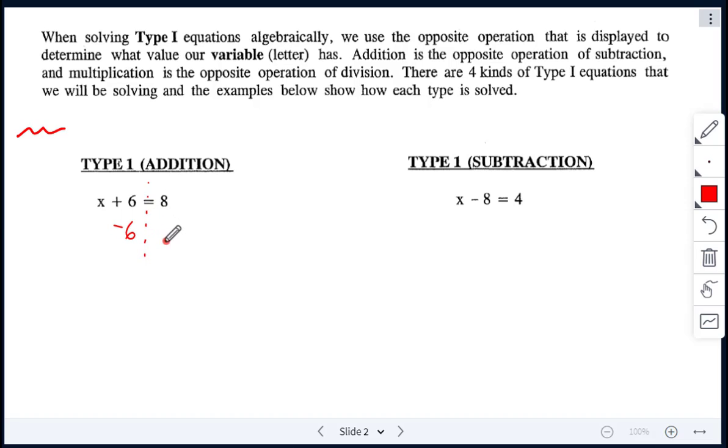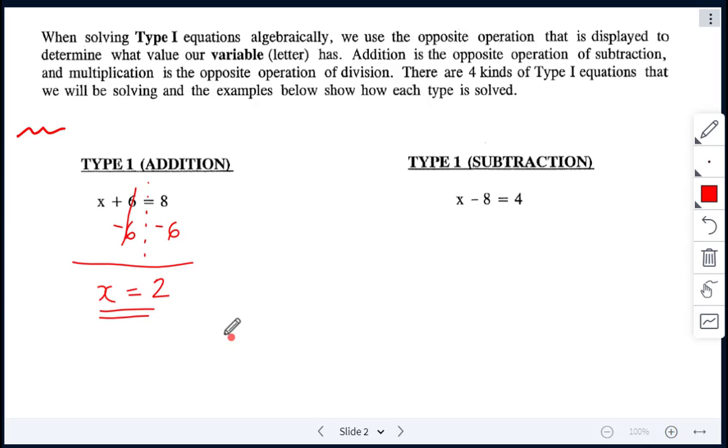Because we're subtracting 6 on the left-hand side, we do have to subtract 6 on the right-hand side as well. Now 6 minus 6 leaves me with 0. So we have now x is equal to 8 minus 6, which is 2. So our answer is solved.